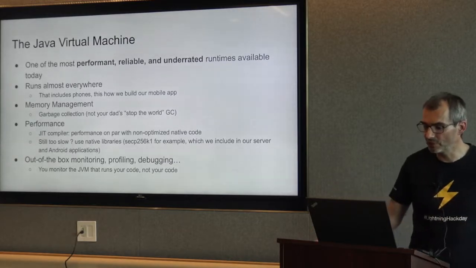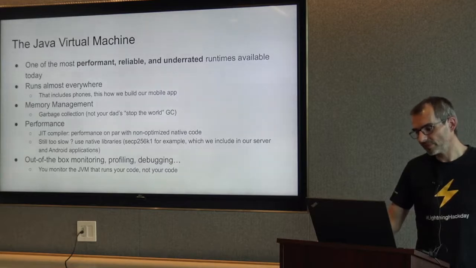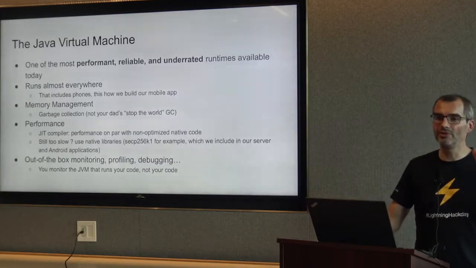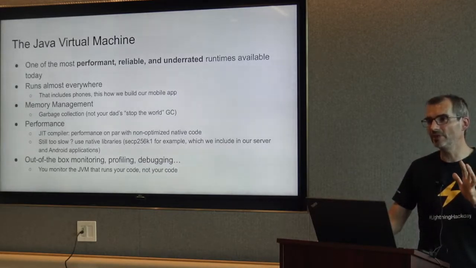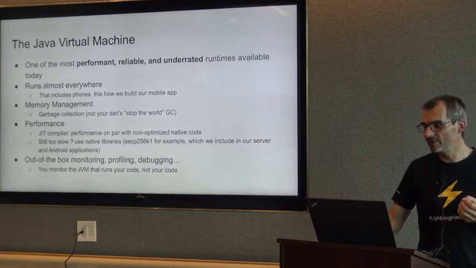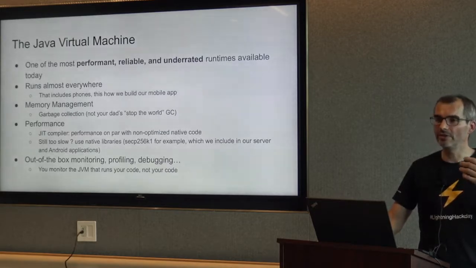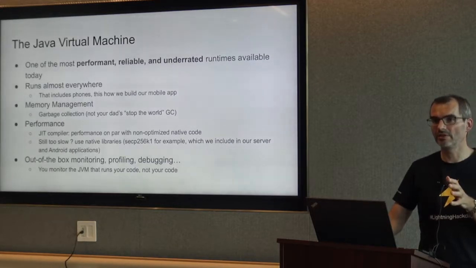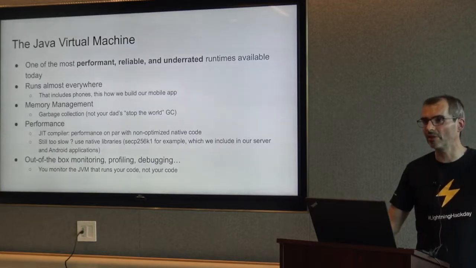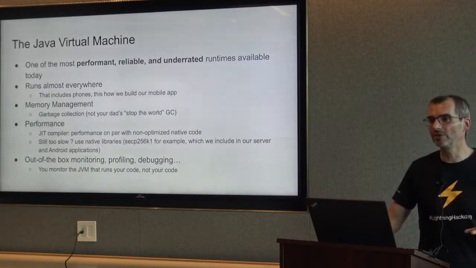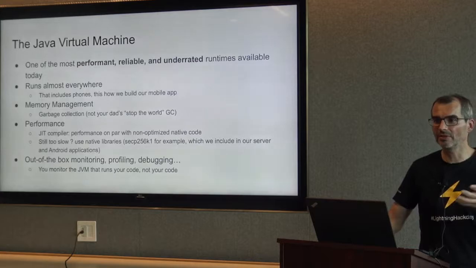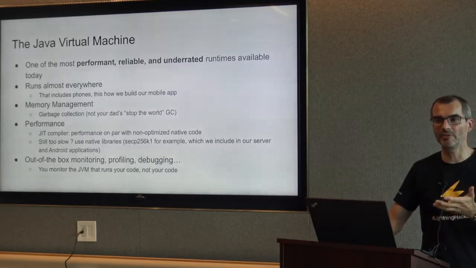It has very good performance. If you use naive, basic, simple implementations of algorithms, you will see that Java code or Scala code is often almost on par with non-optimized native, as in C or Rust code. Usually, if you take an algorithm and you implement it the way it's described on Wikipedia, the difference between your code in Java and your code in C is going to be maybe 10, 15%, not more.